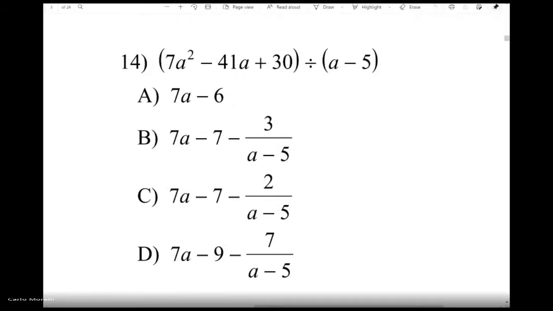Okay, this is going to be a little bit more interesting because the leading coefficient of our dividend is not 1, it's a 7. So go ahead, and if you already know what I'm going to do, I'm going to write this down as if it were a division problem.